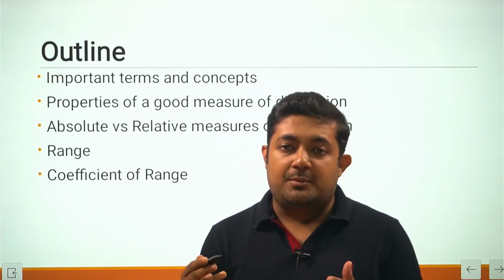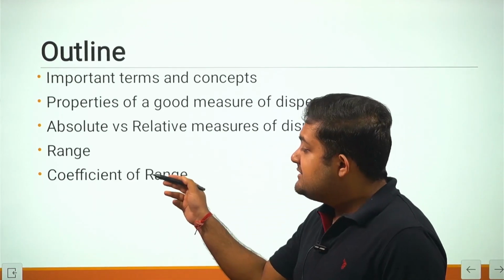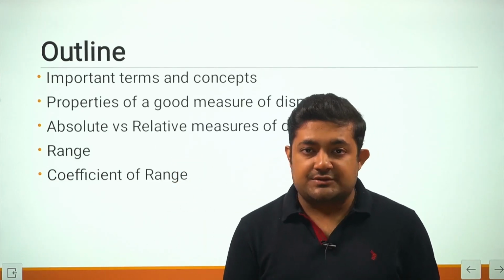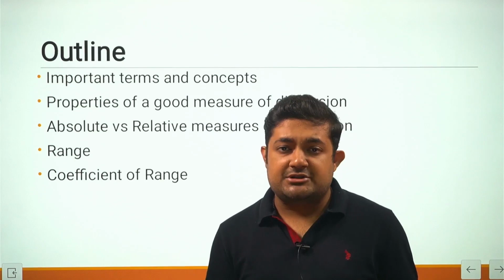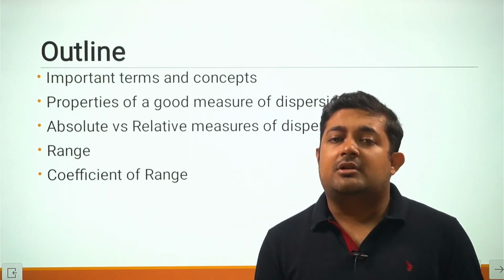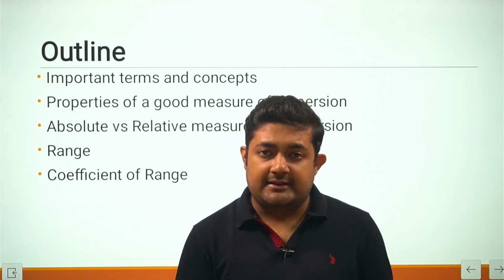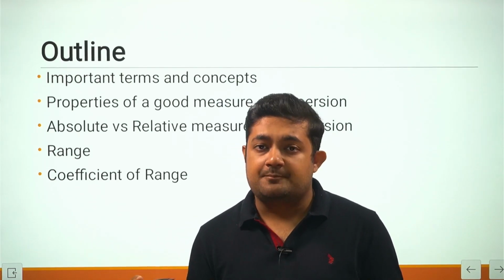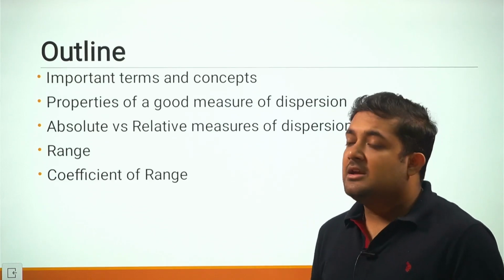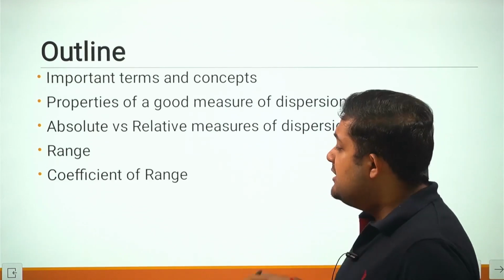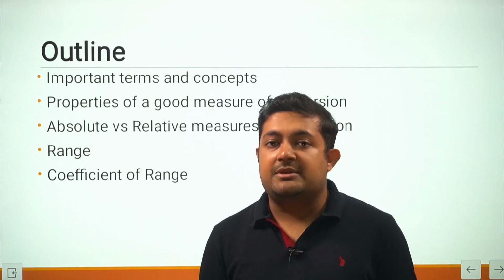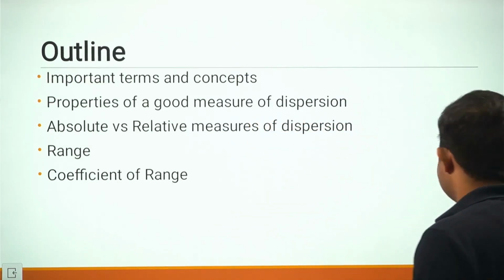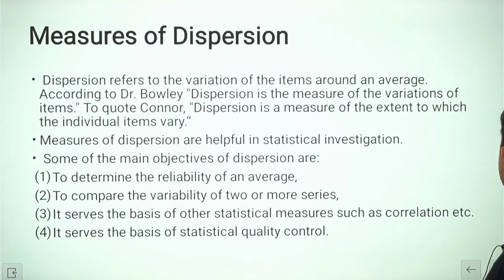Then absolute and relative measures of dispersion and the difference between them, and which methods come under each. Today we will first start with range and coefficient of range. So let's start.